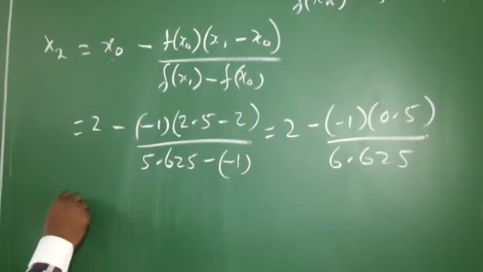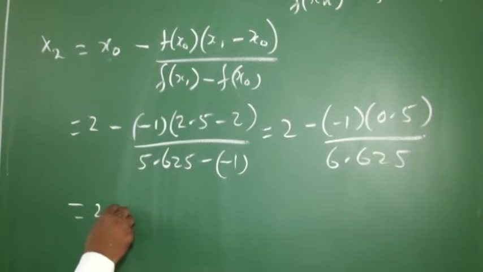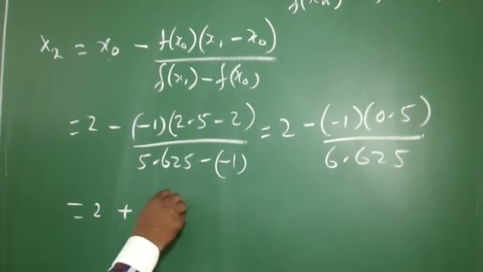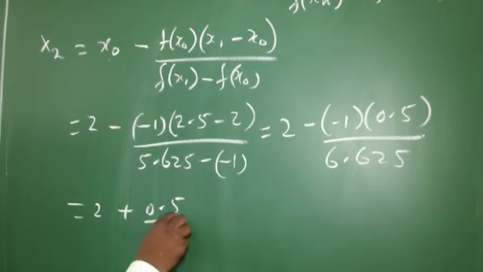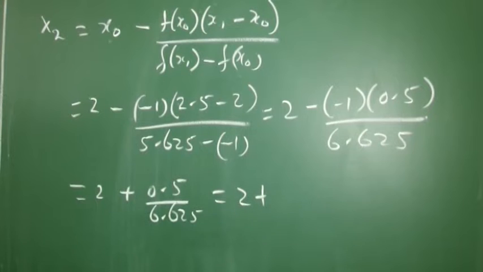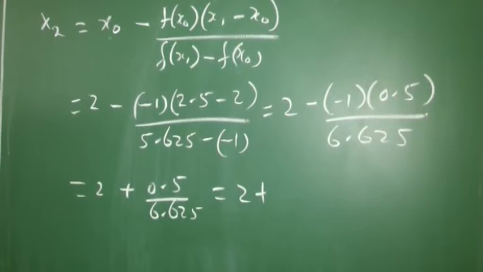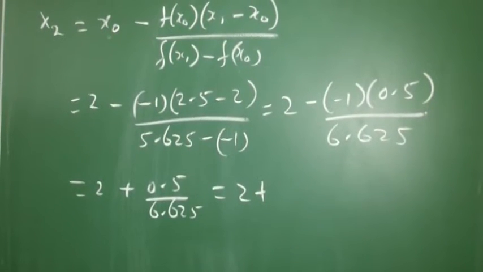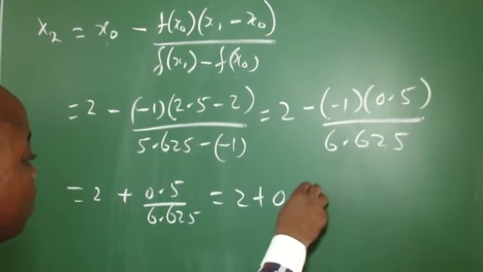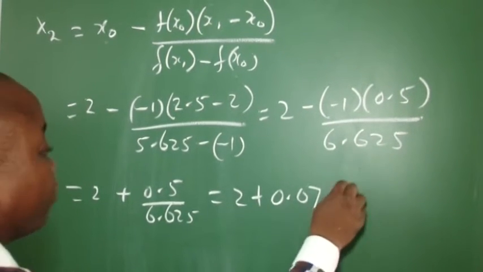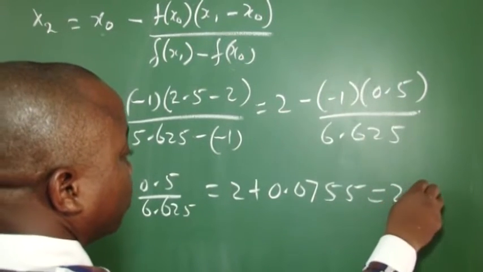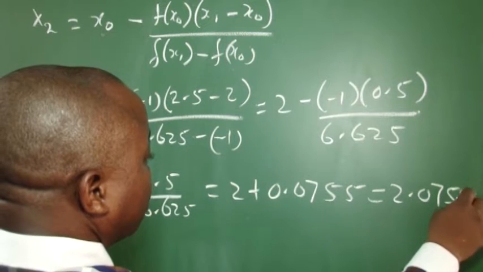So that gives us 2 plus 0.5 over 6.625. Now 0.5 divided by 6.625 is 0.0755. That gives us 2.0755.